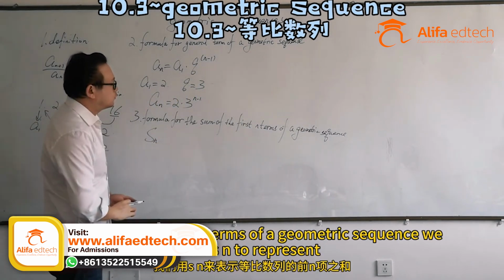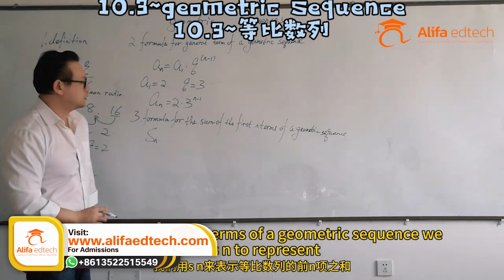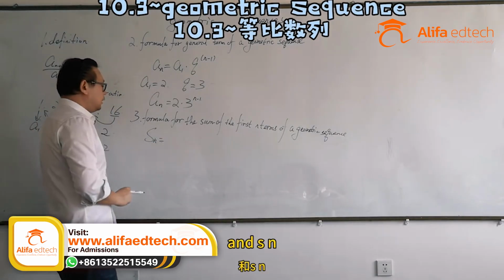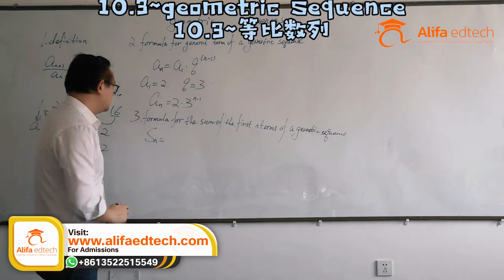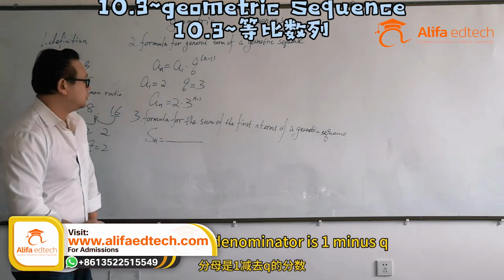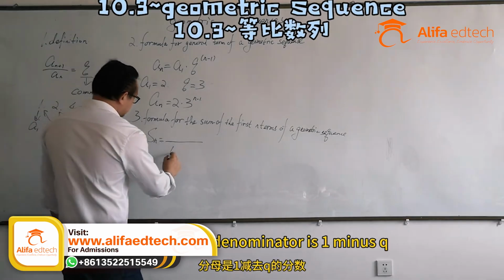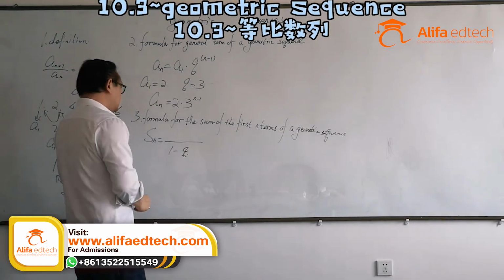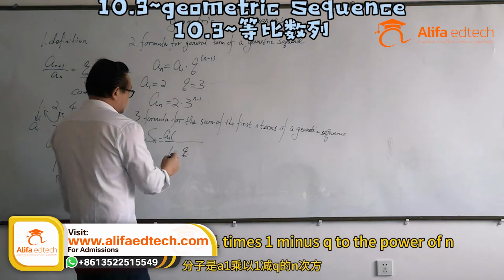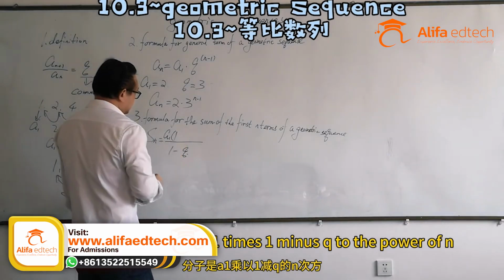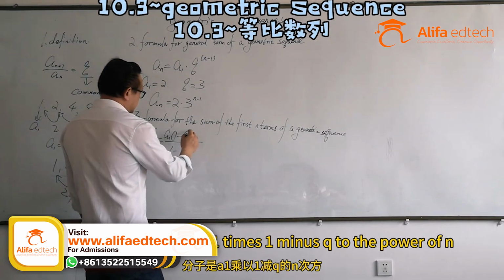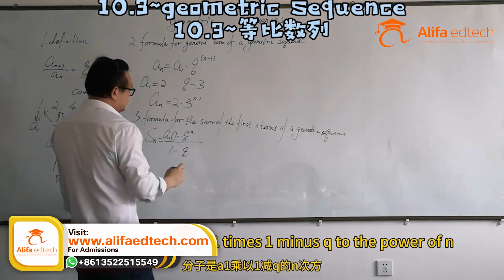The sum of the first n terms of a geometric sequence we use Sn to represent, and Sn equals a fraction. The denominator is 1 minus q, and the numerator is a1 times 1 minus q to the power of n.